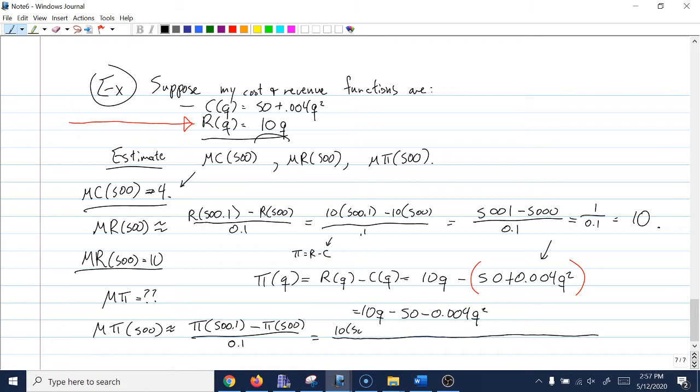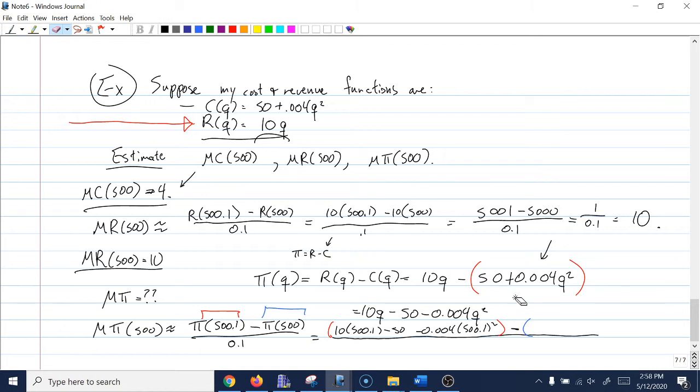It'll be 10 times 500.1 minus 50 minus 0.004 times 500.1 squared. That was this part, minus, now I need this part. I want to wrap it in parentheses because I need to subtract the whole thing. These red parentheses don't matter, but the blue ones do.